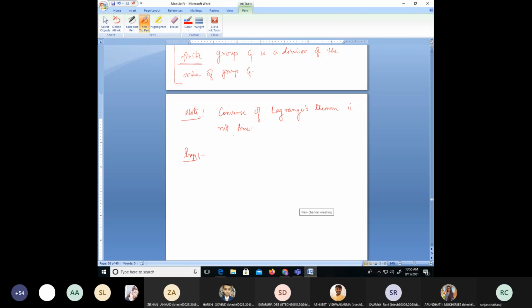Let n be the order of a finite group G, and A be any element of G, and E is the identity element.